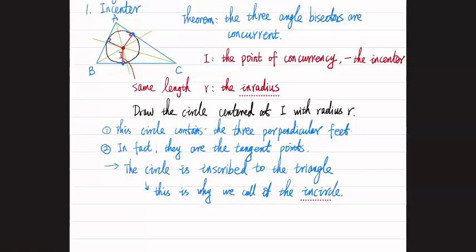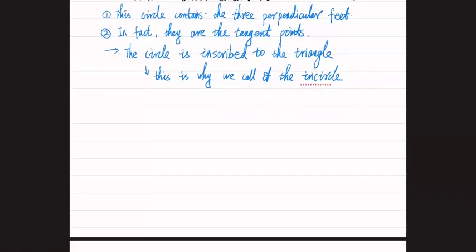So now, given a triangle, we can draw the incircle. The other direction: if we draw a circle and draw three tangent lines, we get a triangle. Let's go the other direction. It's kind of the converse of the construction.